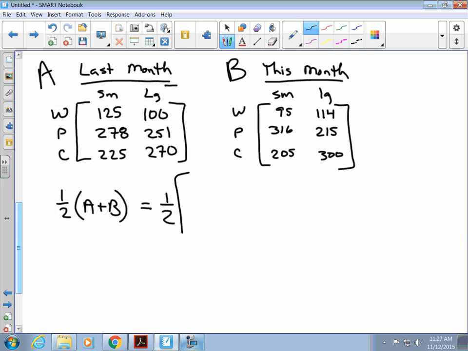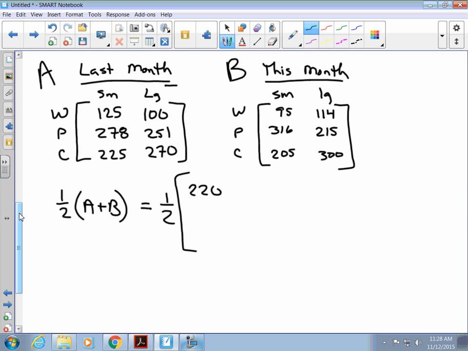And again, we can do this however we would like. So I'm going to add them up first, and then we're going to do the scalar multiplication after we've already added them up. That way we don't have to use the scalar on both of them, and we can just multiply our answers by 1/2 after we're done. So we're going to take and add these two together. So we're going to have 125 plus 95, and that gives us 220.